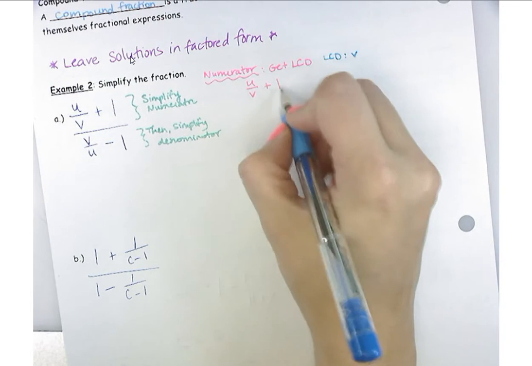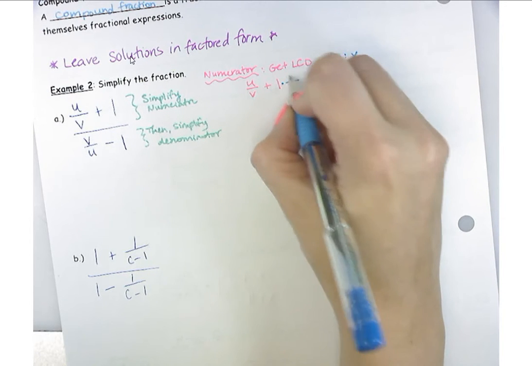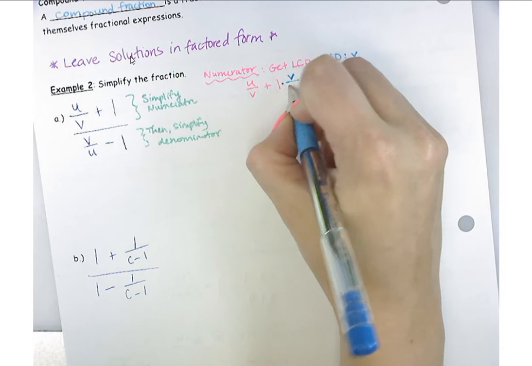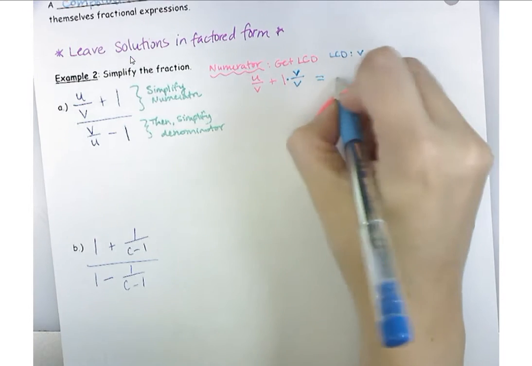So if I want this to be a denominator of v, I'm going to multiply by v over itself. So go ahead and simplify that.